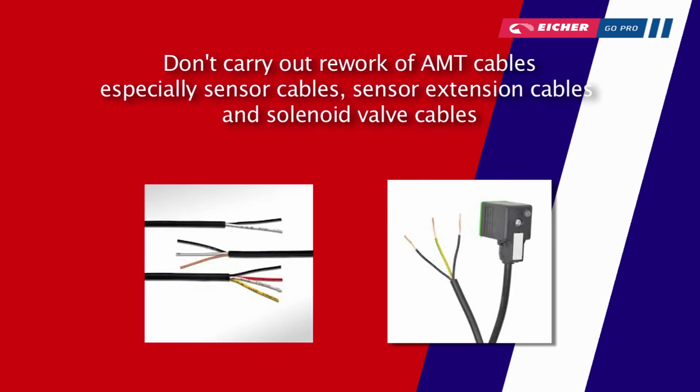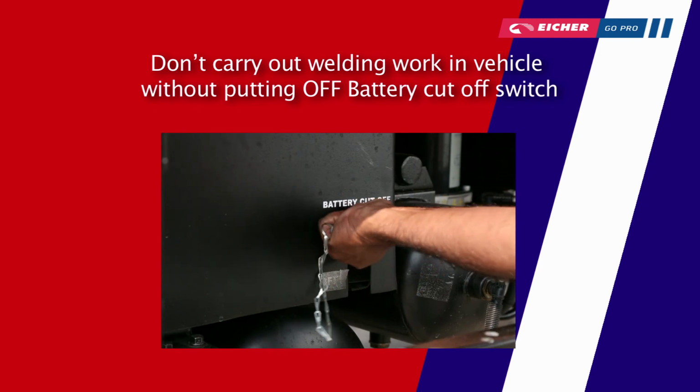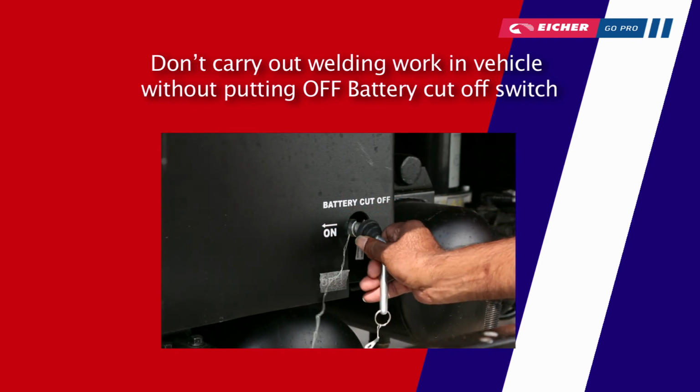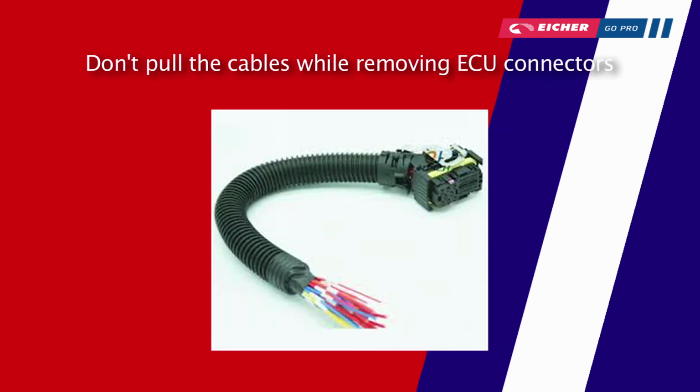Don't carry out rework of AMT cables, especially sensor cables, sensor extension cables, and solenoid valve cables. Don't carry out welding work in the vehicle without putting off the battery cut-off switch. Don't pull the cables while removing ECU connectors.